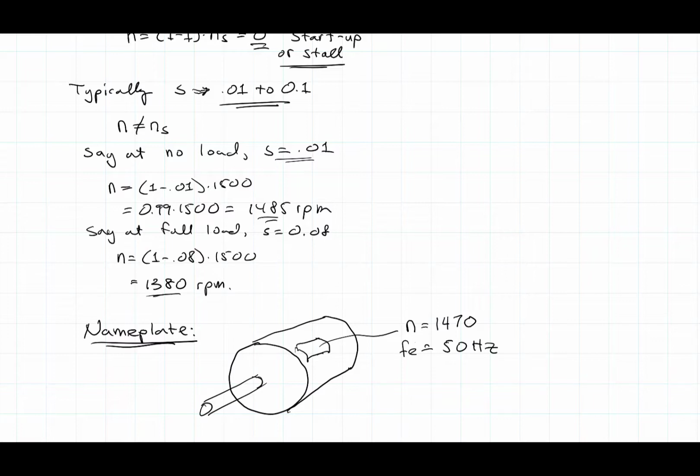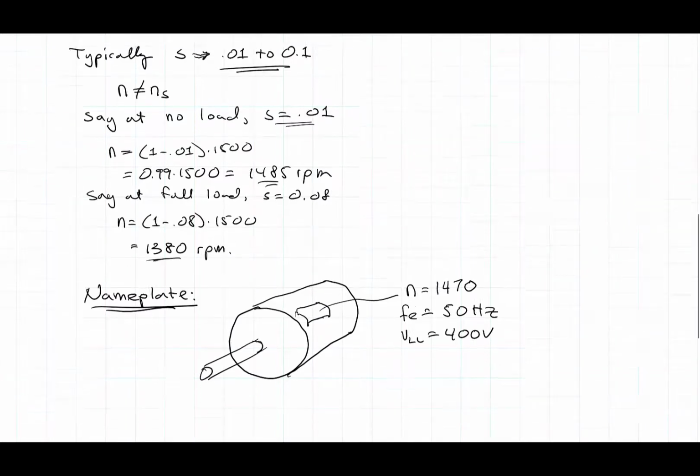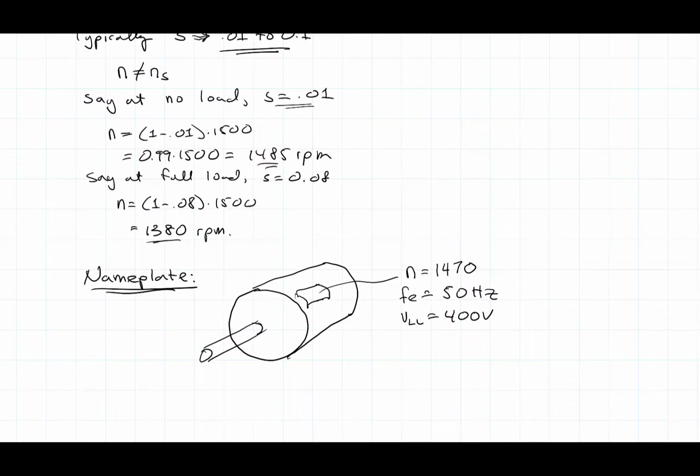The line voltage will be listed, let's say 400 volts, and the power rating, which might be given in horsepower or kilowatts. If it's in Europe, probably kilowatts, so maybe it's 15 kilowatts, the P rated. It might also give the line current.